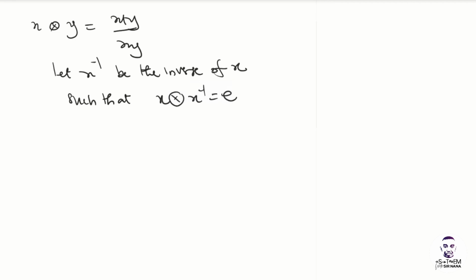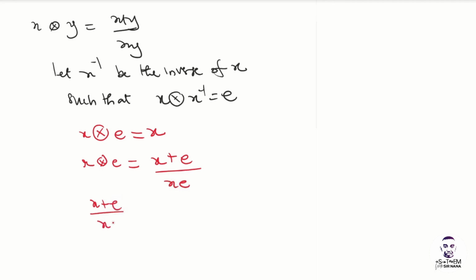So by now we know how to find the identity element. We know that x operation the identity element is equal to x. So we can say that x operation the identity element should be equal to x plus e all over xe, right? And we can equate x plus e all over xe to be equal to x.